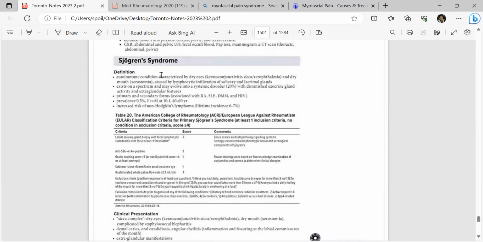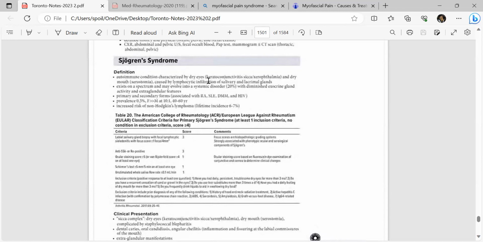Okay, it's an autoimmune condition characterized by dry eyes, which is keratoconjunctivitis sicca, xerophthalmia, and dry mouth, xerostomia, caused by lymphocytic infiltration of salivary and lacrimal glands. It exists on a spectrum, and they may evolve into a systemic disorder. In 20% of cases, either it's limited or it will evolve as a systemic disorder, with diminished exocrine activity and extraglandular function.